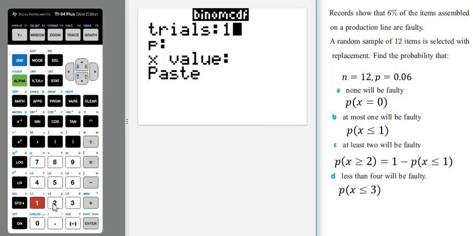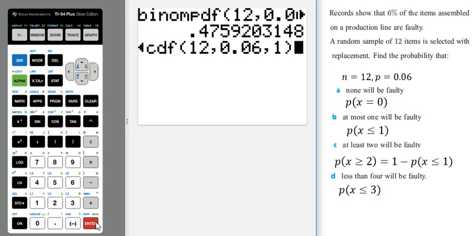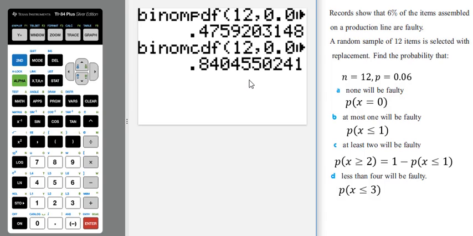This will be 12, this will be 0.06. The x value will be 1, because we're looking for x less than or equal to 1. So enter. This will be your answer, 0.840.